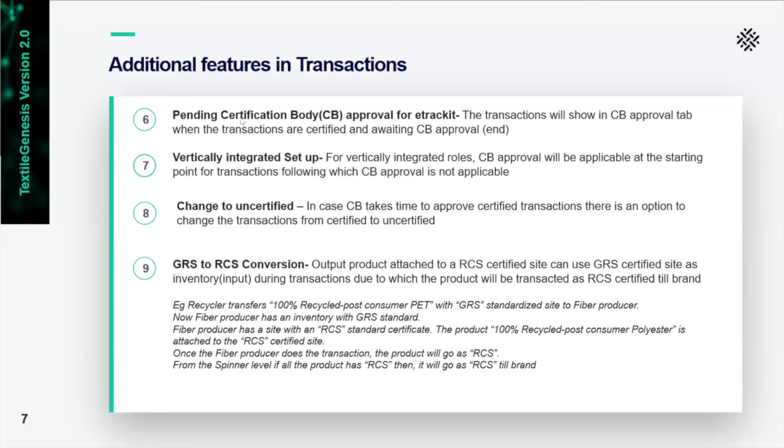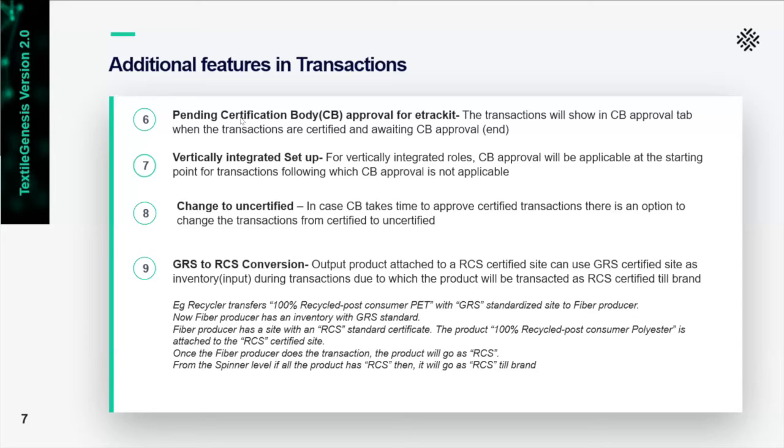So even if you have in your inventory a product that is GRS certified, but you're creating a product which is only RCS certified, you can still conduct a transaction, but it will be going throughout the chain as an RCS certified product till the brand. There is also an example. We'll share this with you so that you can better understand how it would flow.